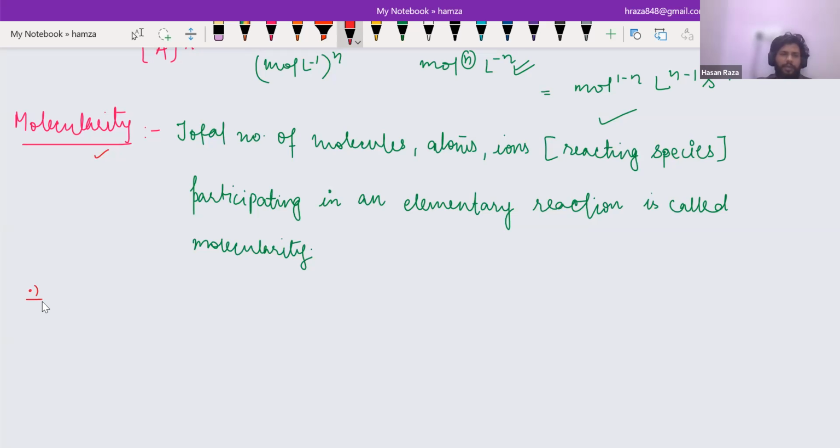First of all, an important point: it is a theoretical quantity, not an experimental quantity.